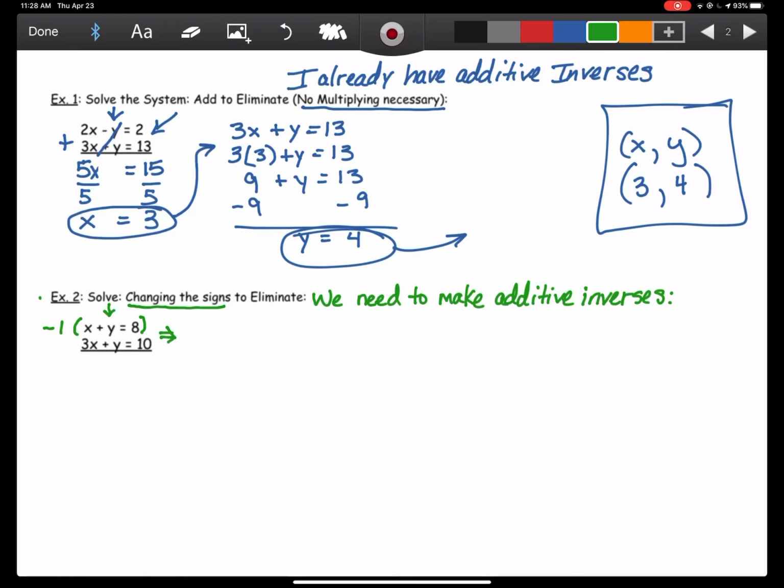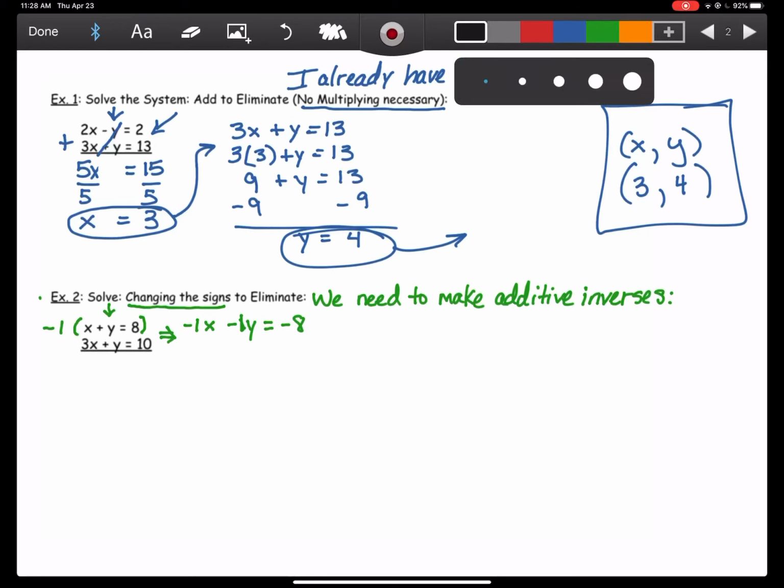And the reason I'm multiplying by -1 is because I want to make this positive y into a negative y. Okay? All right. So -1 times x is -1x. -1 times positive y is -1y. -1 times positive 8 is -8.